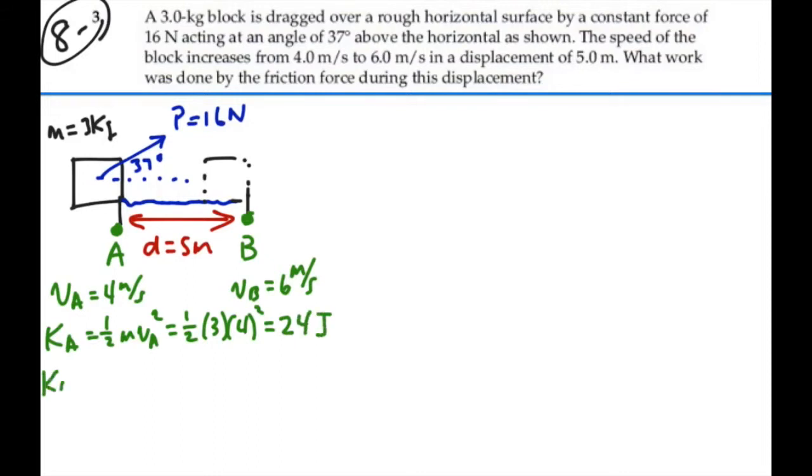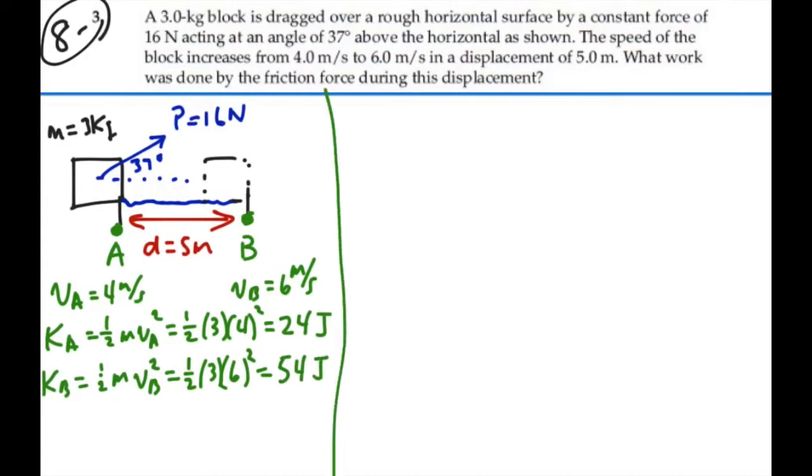And the kinetic energy at B is 1/2 times 3 kilograms times 6 meters per second squared, and that gives 54 joules. So those are our initial and final kinetic energies.